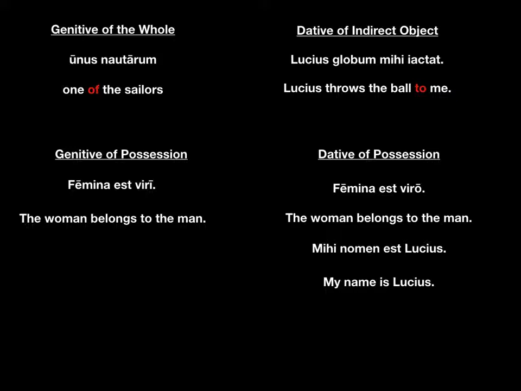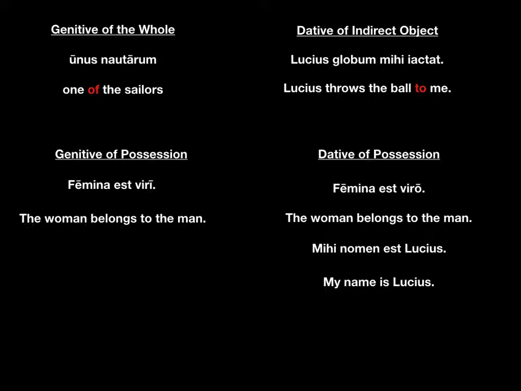Now, you've already learned how to use the genitive to signal possession in a predicate construction. You can say, "femina est viri," and you're literally saying the woman is of the man. But what you actually mean is the woman belongs to the man, as in they're married, or something like that.